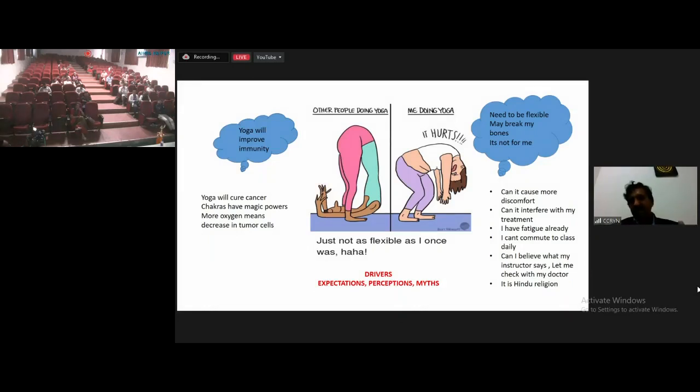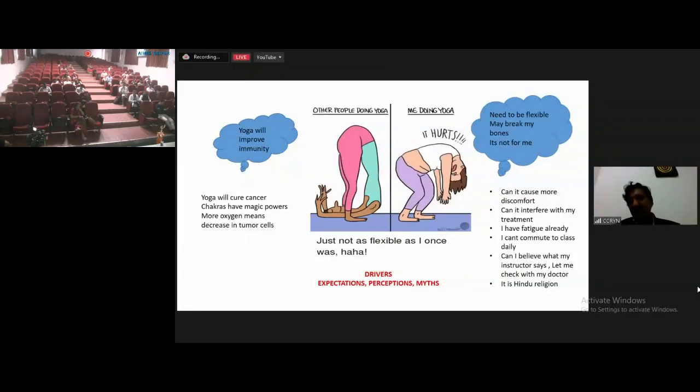Giving the right information to the patient is very, very important. Trying to understand patient expectations is important. Trying to understand patient perception of yoga, what yoga actually is, is important. Trying to understand what sort of myths they have related to yoga or to cancer is also very important for us, because these cannot come from experimental studies.